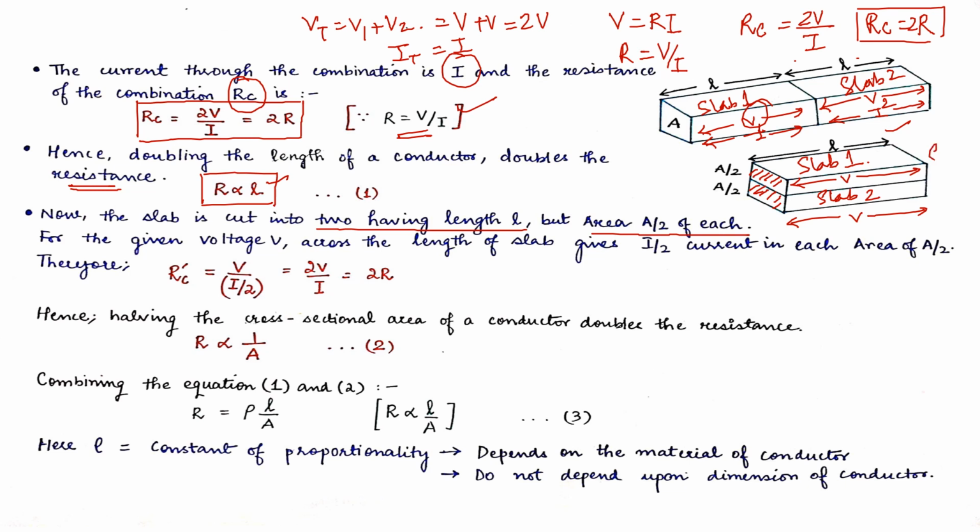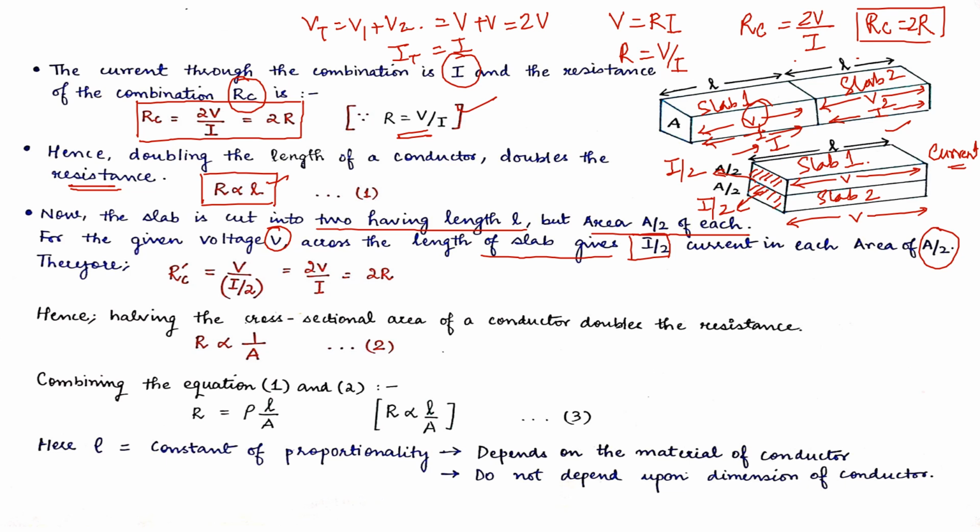Similarly, we provided current also. Now in this case, for the given voltage V across the given length of the slabs, our current is I upon 2. If we are providing I current to both slabs, one slab will take half of the current and the other slab will take the other half. So the area over here is A upon 2.